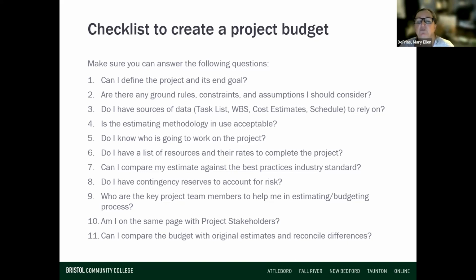Do you have sources of data? Is there a task list that you can use? If you took the project management session, then we went over a lot of things that you can create in order to give you an idea of what you need for your budget.